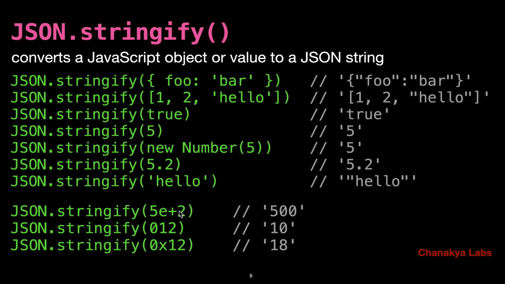But if you do something like 0x, a hexadecimal number, or 012, then also it will convert it internally into decimal, and this is the only format which is supported, right?